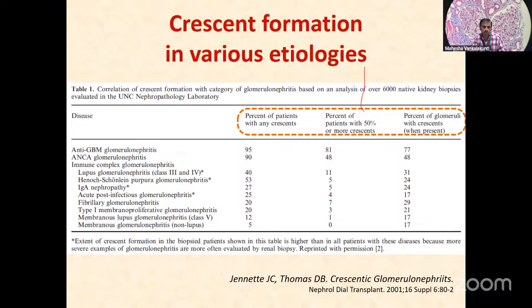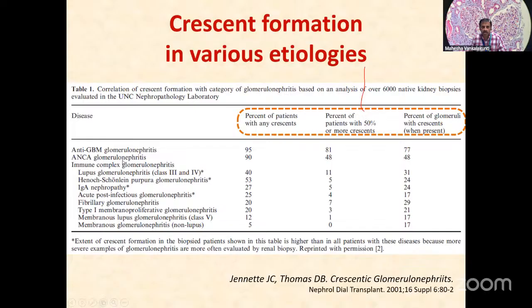But there is another school of thought that requires a percentage of glomeruli affected by crescents, more than 50% of glomeruli having crescents. If we go by the second school of thought, it is obvious that crescentic GN, or more than 50% of the gloms having crescents, falls in these two categories.